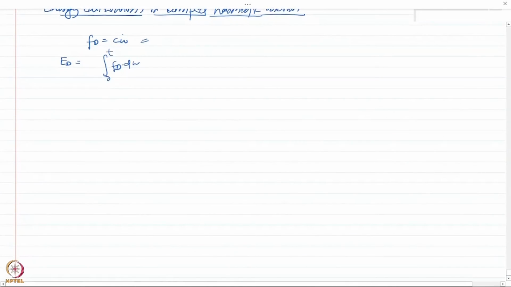Let us say I want to find Ed over a cycle, during steady state harmonic motion. I'm only focused on steady state harmonic motion.